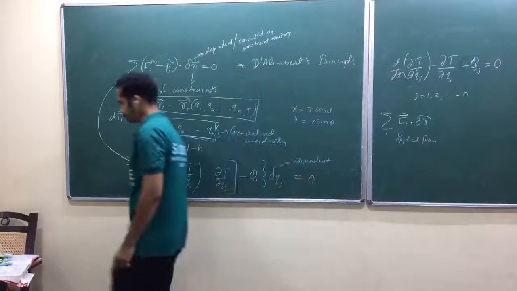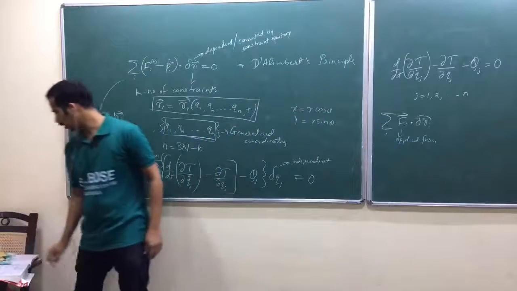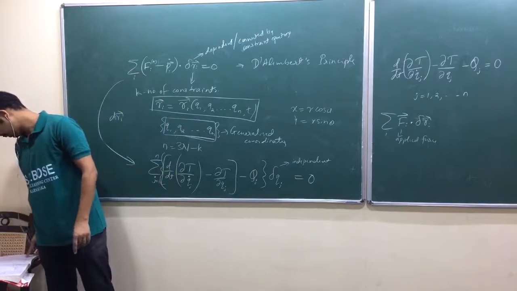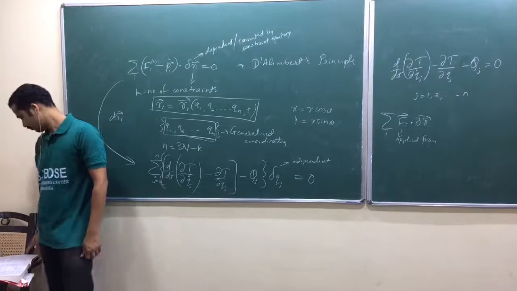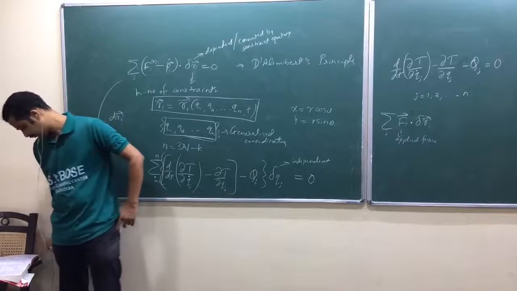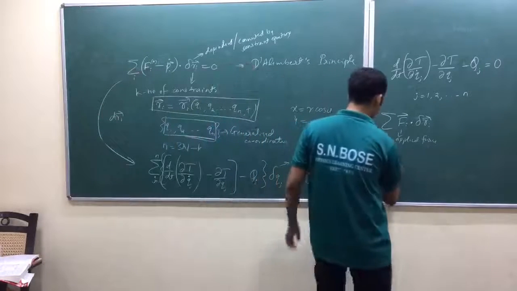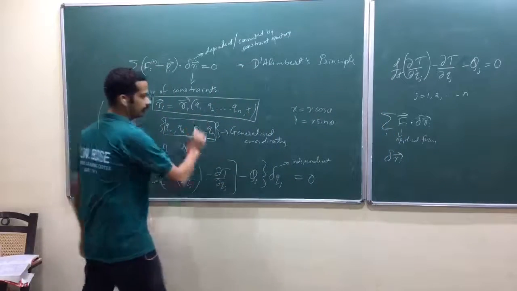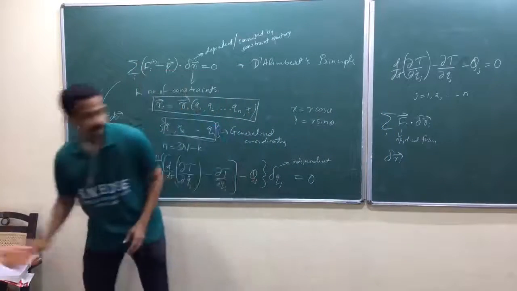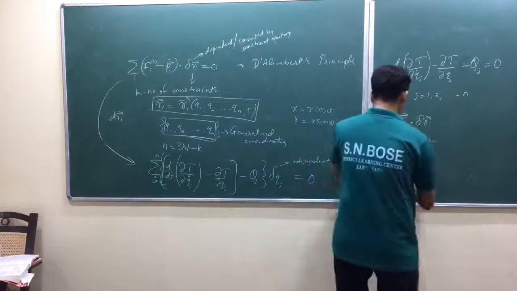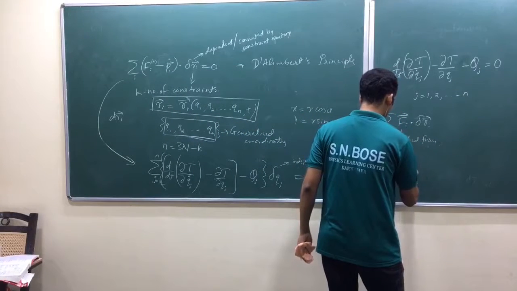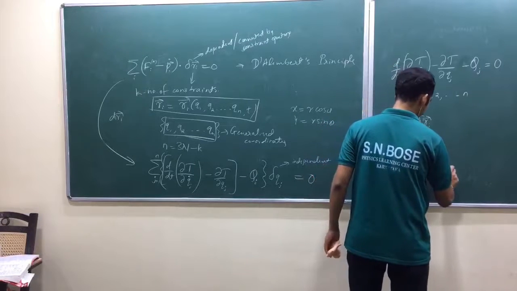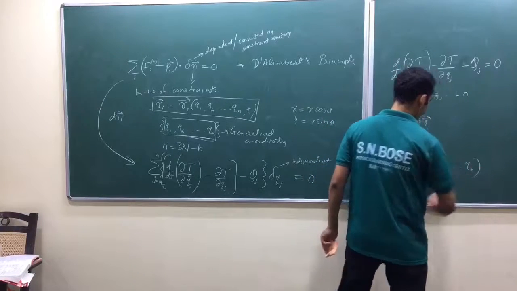Now look here, this delta Ri, how can I write that one? In this transformation equation, let me write the transformation equation again. Ri is equal to Ri of Q1, Q2 and so on up to Qn.